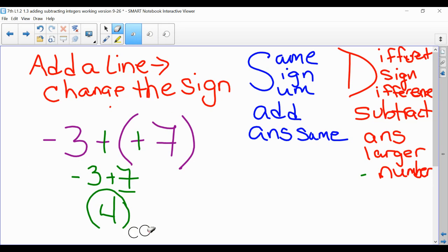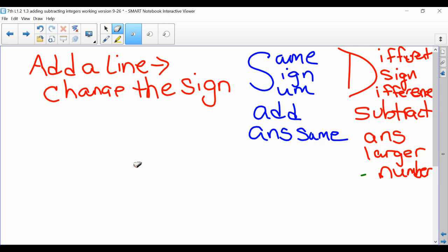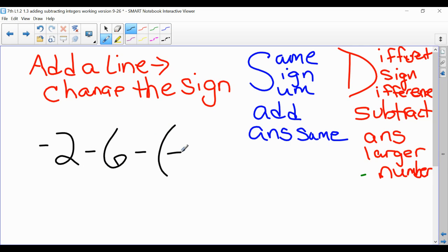And we also learned how to do this when there is more than just two integers. So let's say we have a problem. Let's try -2 minus 6 minus -5.